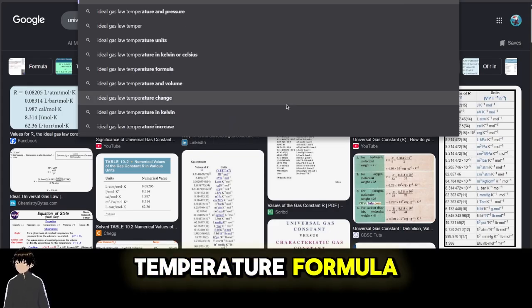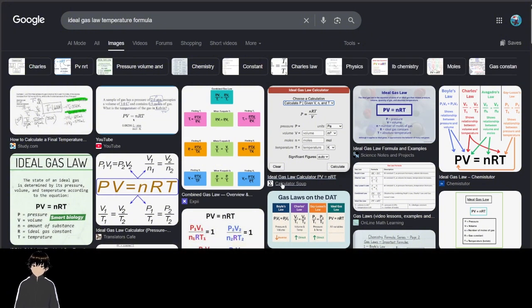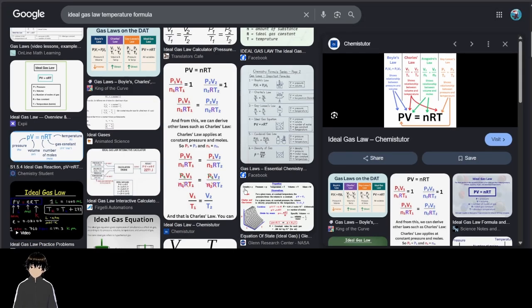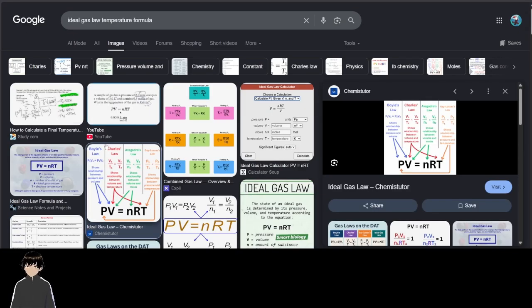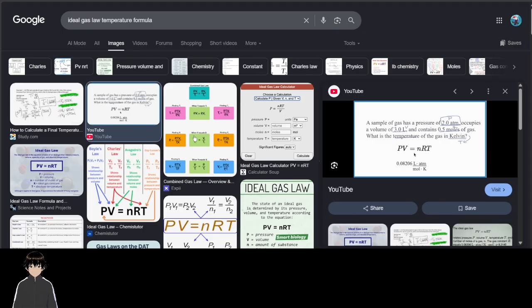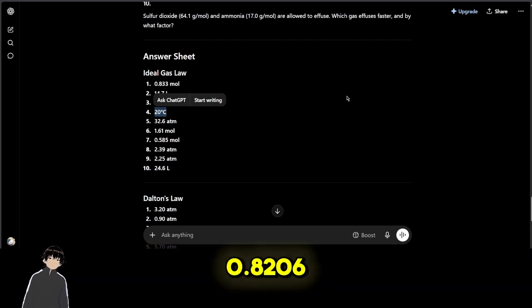Let's see the temperature formula right here. Maybe they're using 0.8206.